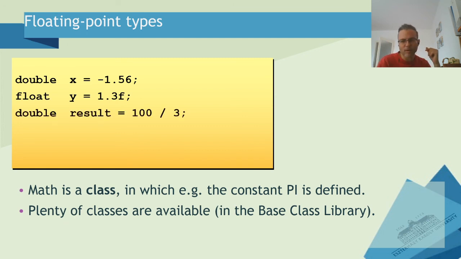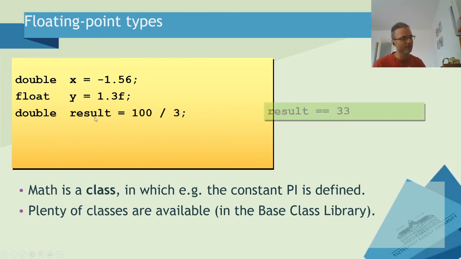Okay, one more error which you might face pretty soon. Again, division. As I already mentioned today, if you divide two integers, the result becomes an integer, even if you use a double variable to store the result.